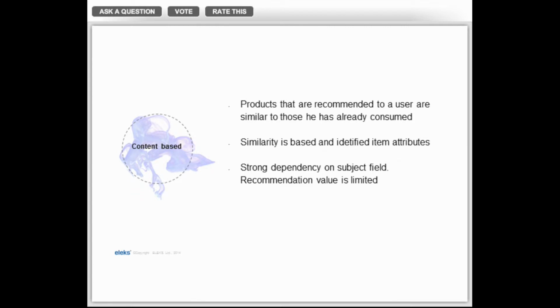If we're talking about a song, it would be whether it's a band or a single performer, what the tempo of the music is, when it was released, those kinds of things. What are the minuses of this solution? It has a strong dependency on the subject field, and recommendation value is limited. I will talk a bit later on why.